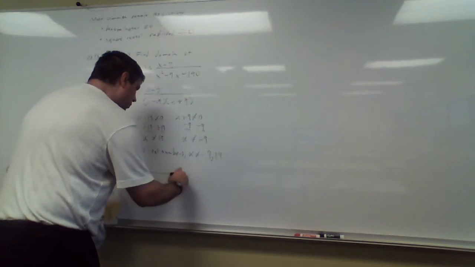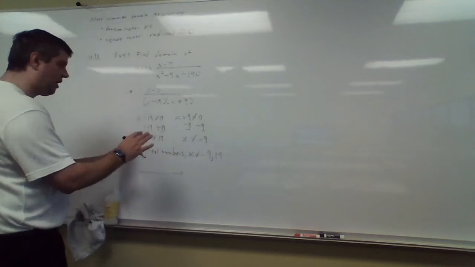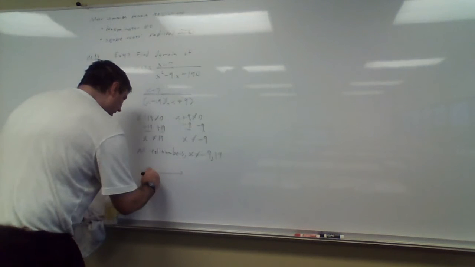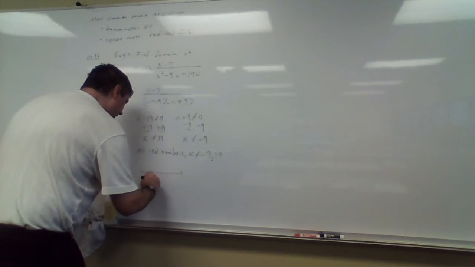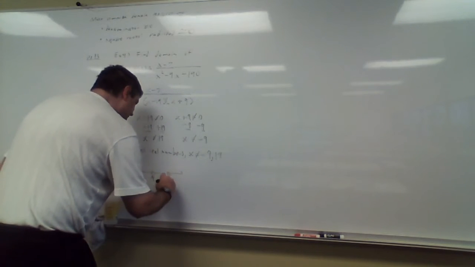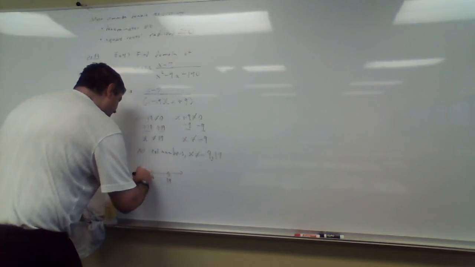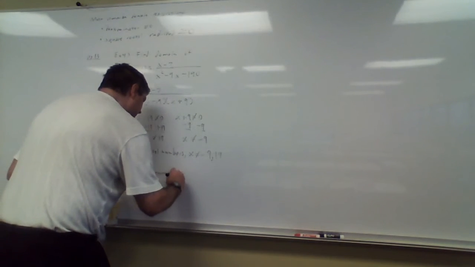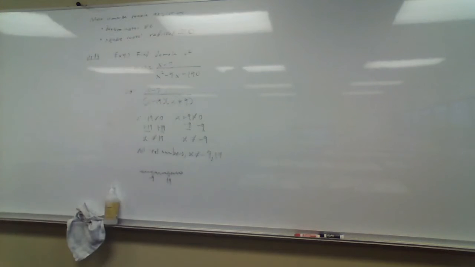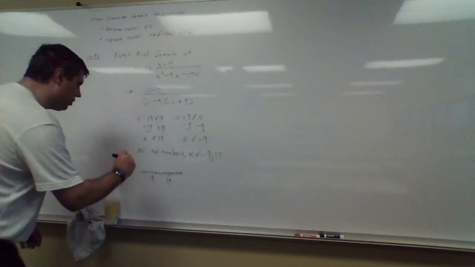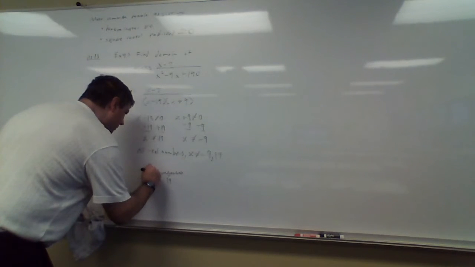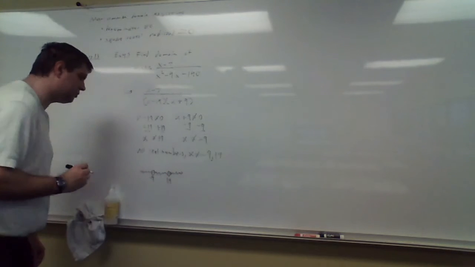Okay, so here's what we got. If we were to describe this in interval notation, we have negative 9 being excluded, and we have 19 being excluded. Everything else is allowable. These two are going to have to be open dots, which exclude those values.